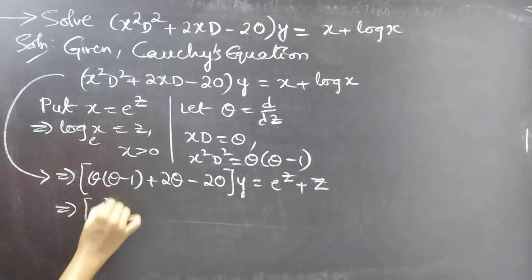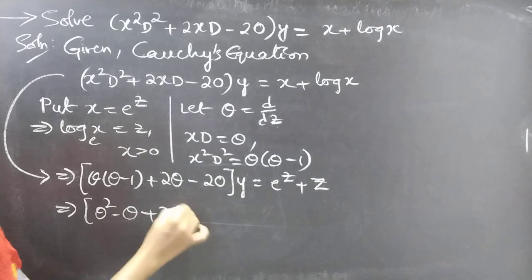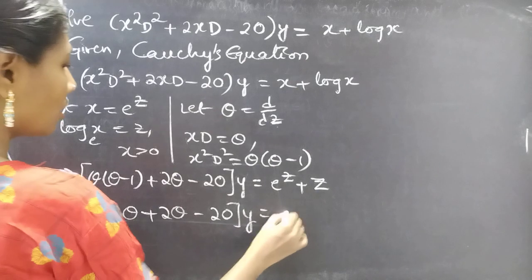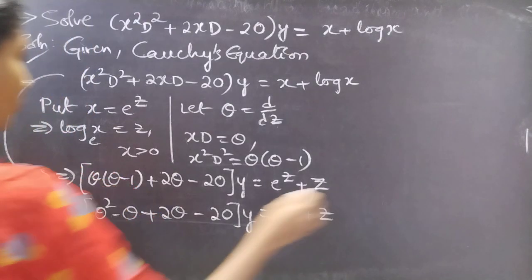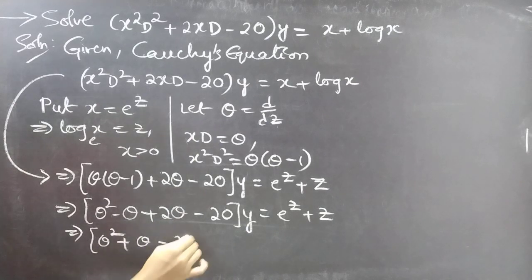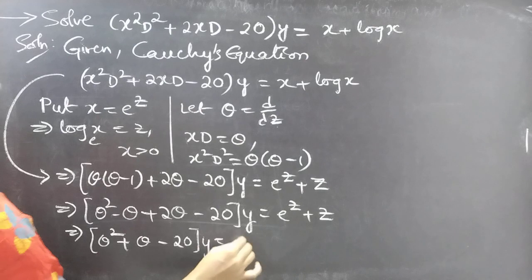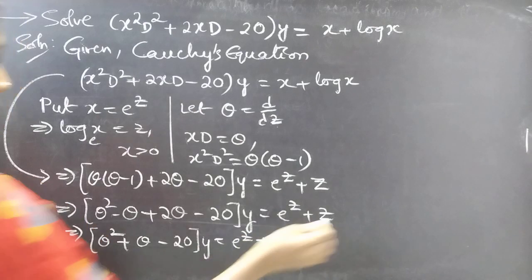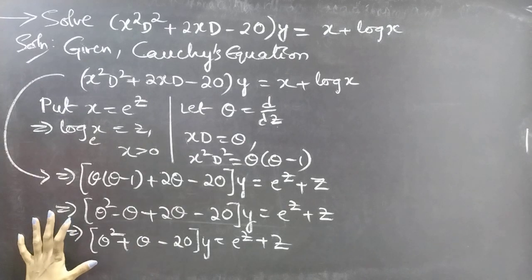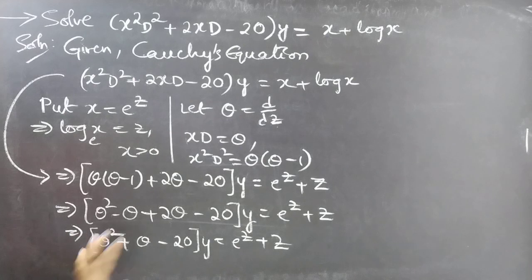Then (theta square minus theta plus 2 theta minus 20) y equal to e power z plus z. Then (theta square minus theta plus 2 theta, that is theta square plus theta minus 20) y equal to e power z plus z, which is a higher order linear differential equation with constant coefficients, right?